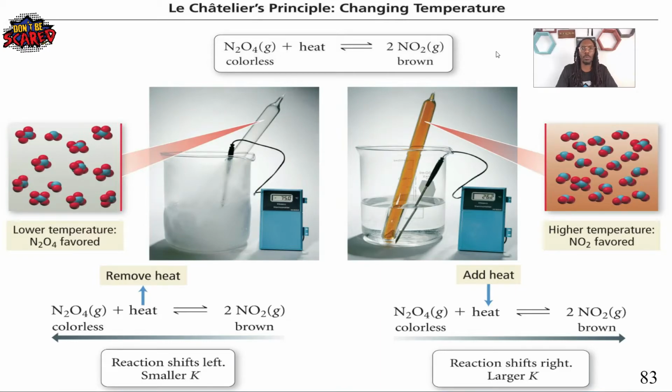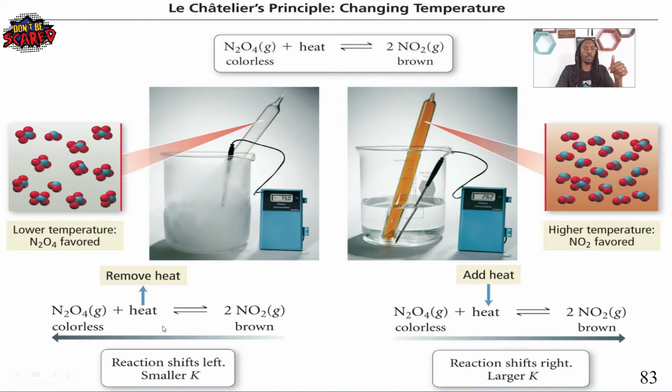Which way will it go when we add this stress to it? So when I lower my temperature, let's say I put this in the ice bath, what's going to happen to my reaction, right? Because right now, as we mentioned, heat is a reactant. So if you lower your temperature, if you take away that heat, you're removing your reactant. And if you remove your reactant, then remember, you got to replace that reactant.